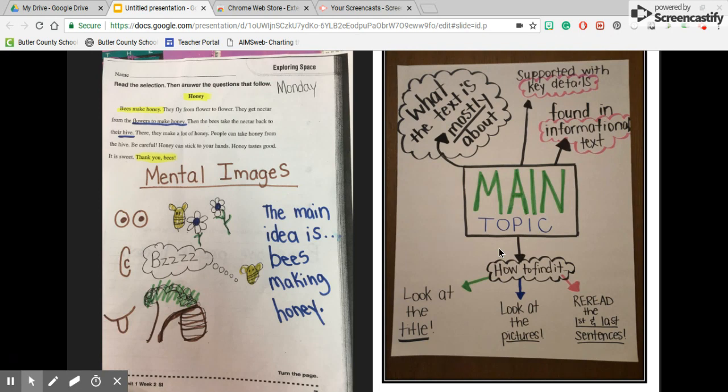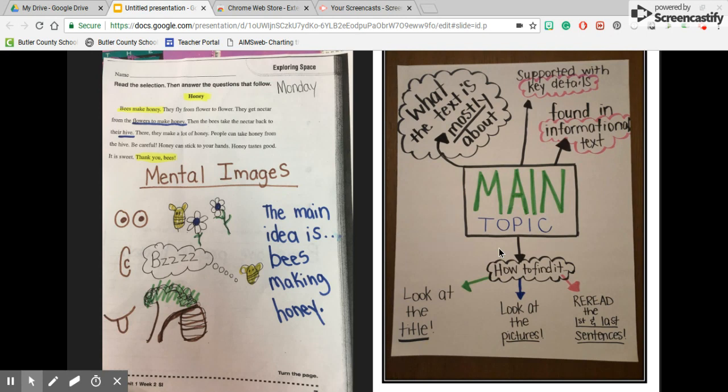So here's what I'm going to do. I'm going to read the story, and then we are going to take a pause, and you're going to have mental images in your brain of what you see, what you hear, and what you taste.